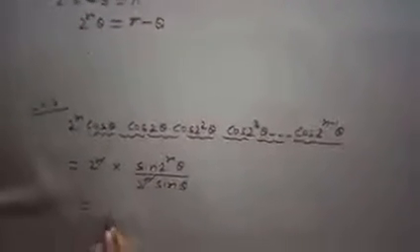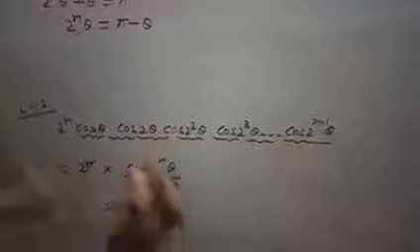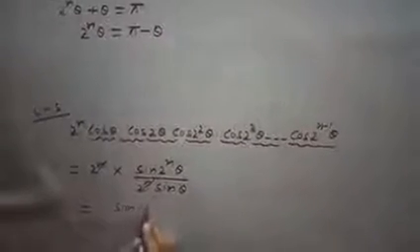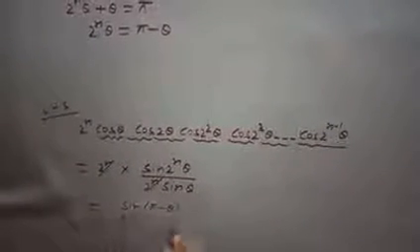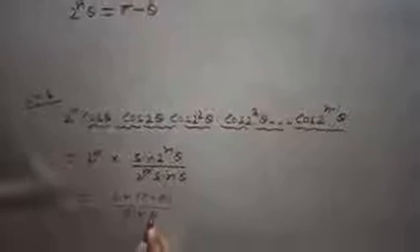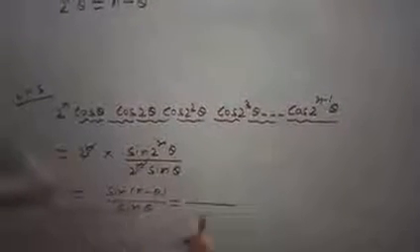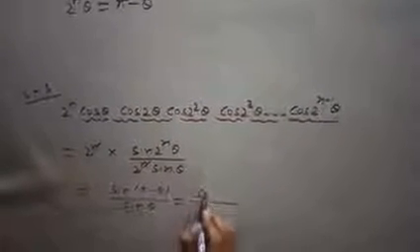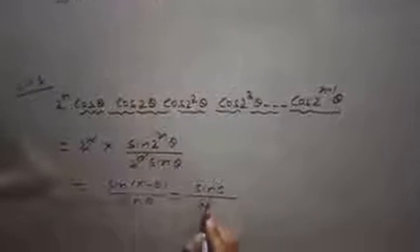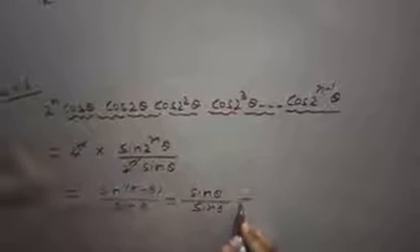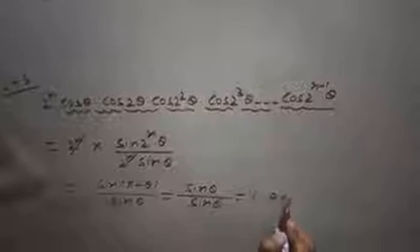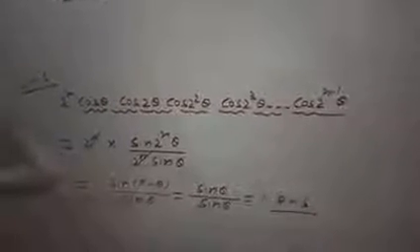So here these two cancel out. Sine 2 to the power n theta is sin(pi minus theta), so sin(pi minus theta) upon sin theta, and we know that sin(180 minus theta) is sin theta, and here is also sin theta, so that is 1. This is our right hand side.